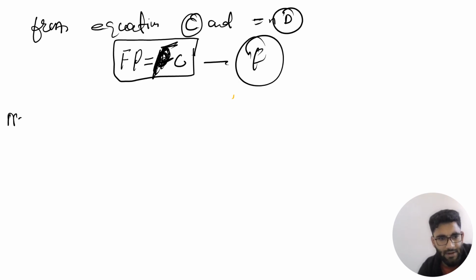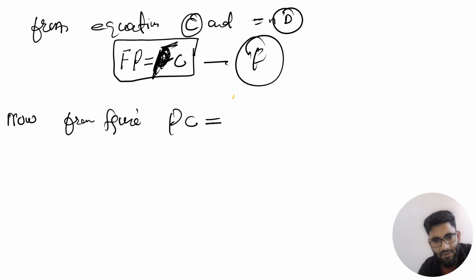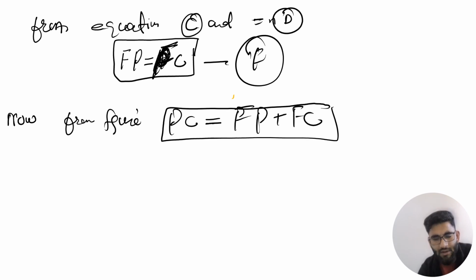Now from the figure I can write PC equals FP plus FC. Can I write like this? This is simple: the whole distance I divide into 2 parts, right? From equation F, FP and FC are equal.